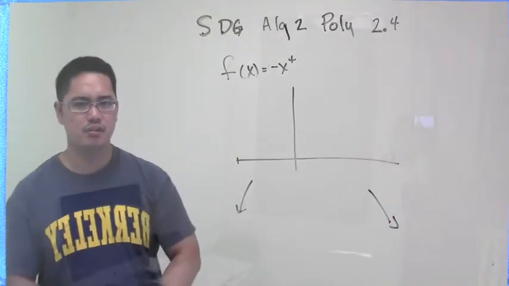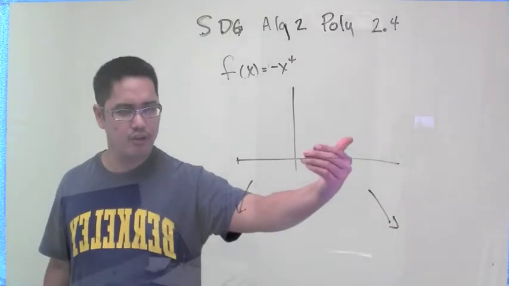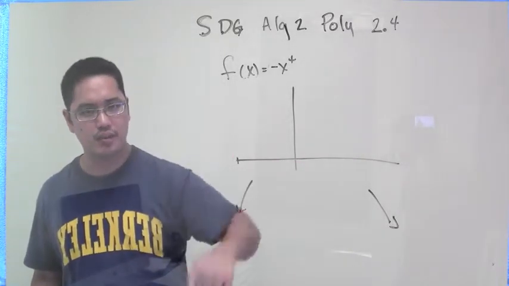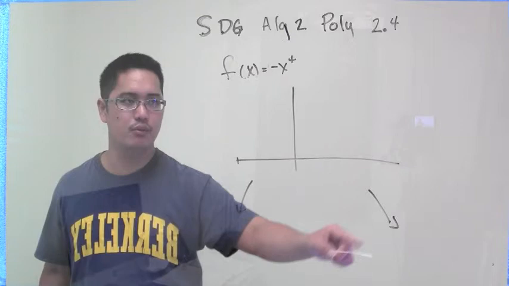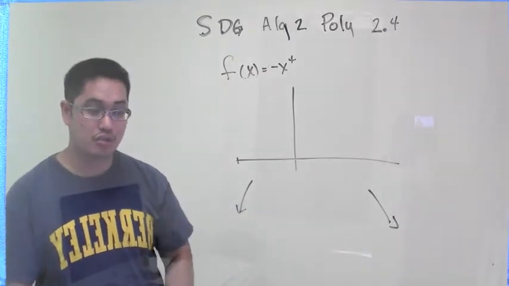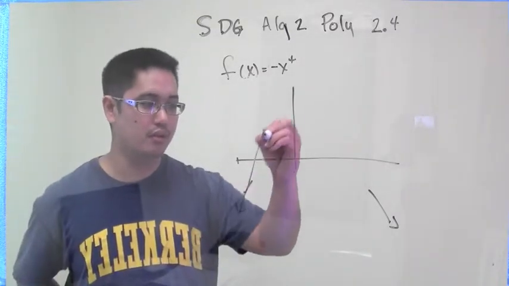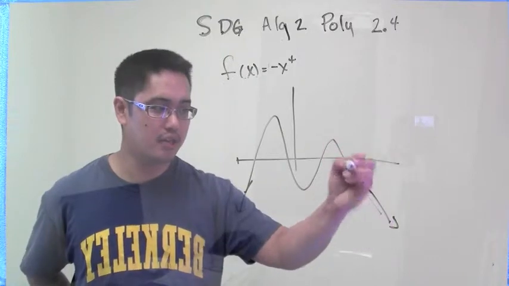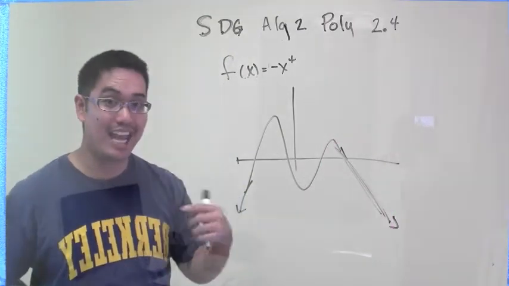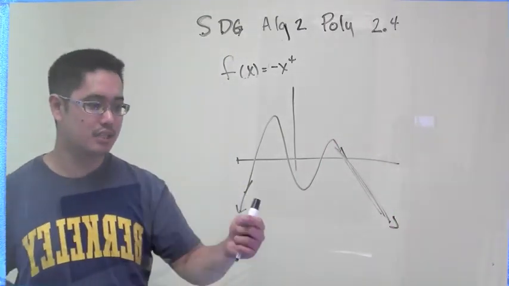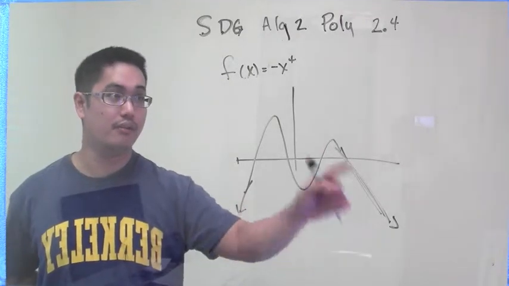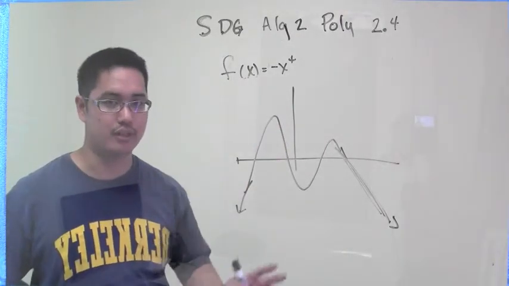What I mean by start, I don't really mean start. I mean, if you go far to the left, it will end up going down. If you go far to the right, it will end up going down. It could do something funky in the middle, like this, like that, but I know that at the end points, it's going to be going down and going down if there's a negative x to the 4th out in front.